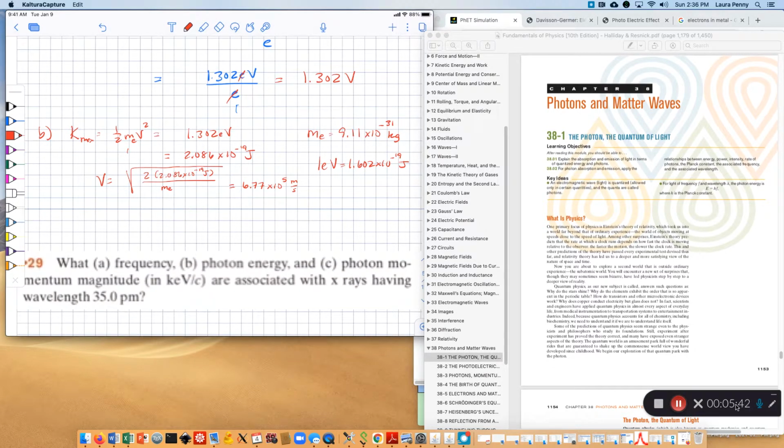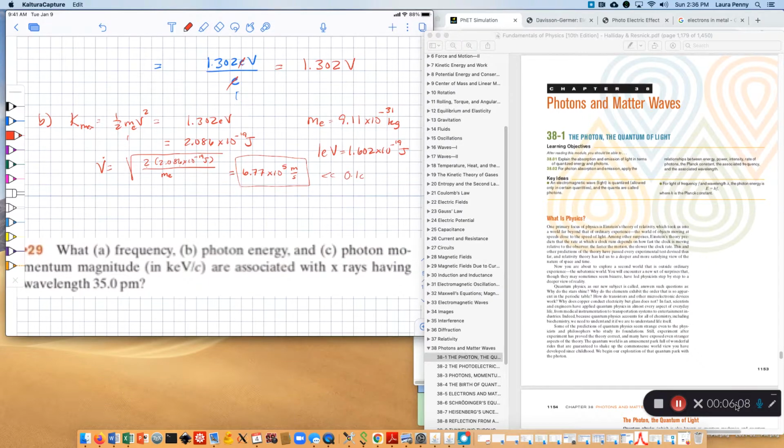Okay, when I do that calculation, I move things around so that v, the speed, is just 2 times the kinetic energy divided by the mass, and then take the square root. I get a speed of 6.77 times 10 to the 5 meters per second, which is very fast, but this is definitely still much, much less than 1/10 the speed of light, which would be 3 times 10 to the 7.